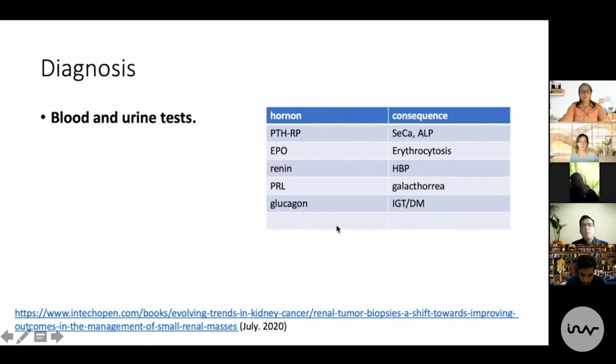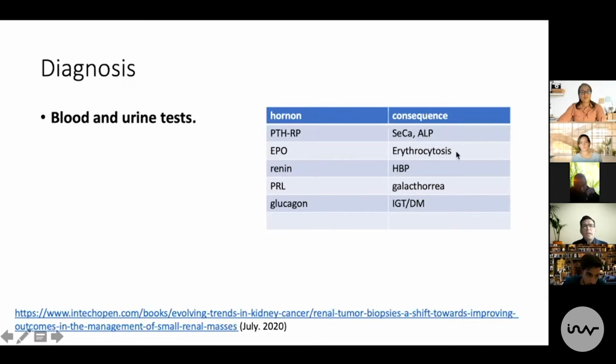That means the paraneoplastic syndromes can be grouped into hormonal and non-hormonal forms. And here are some examples of what kinds of hormones can be produced by renal cancer and what can be the consequence. Parathormone-related peptide leads to bone breakdown, elevation of serum calcium and hypercalcemia with calcifications outside of the bones in the body, and also elevated alkaline phosphatase levels in the blood.